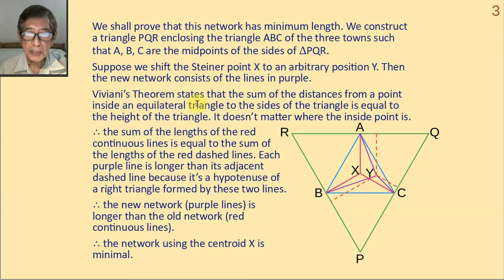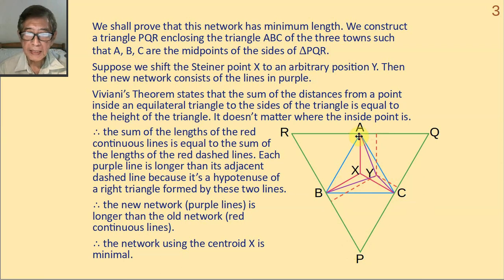Viviani's theorem states that the sum of the distances from a point inside an equilateral triangle to the sides of the triangle is equal to the height of the triangle. It doesn't matter where the inside point is. Therefore, the sum of the lengths of the red continuous lines is equal to the sum of the lengths of the red dashed lines.